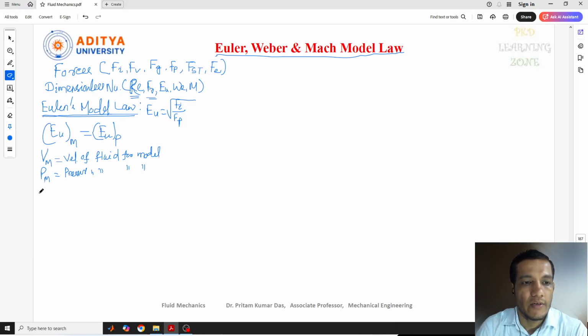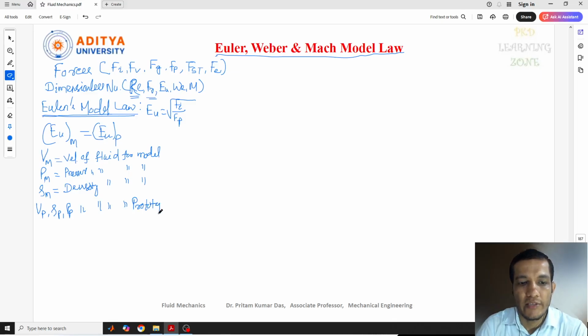Similarly, I need to consider a fluid property like density, rho m, the density of the fluid for the model. These are the model parameters. Similarly, I can consider Vp, rho p and Pp, the similar parameters of the fluid for the prototype.